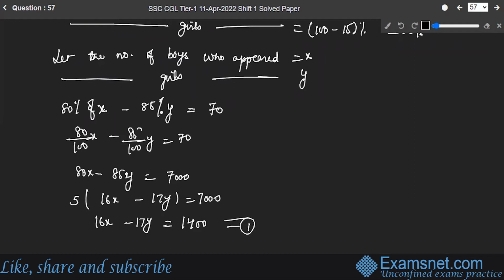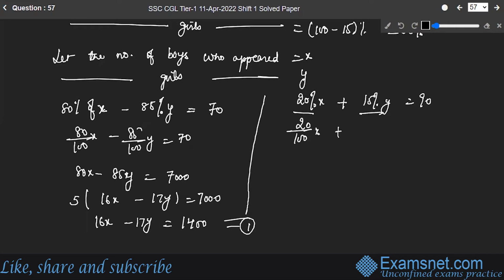Okay, now you have another scenario also. According to the question, 20% of X plus 15% of Y is equal to 90. It's given the total number of students who failed is 90, and 20% of boys failed and 15% of girls failed. So I'm doing the same thing: 20 upon 100 of X plus 15 upon 100 of Y is equal to 90. I'll take 5 upon 100 common from here.